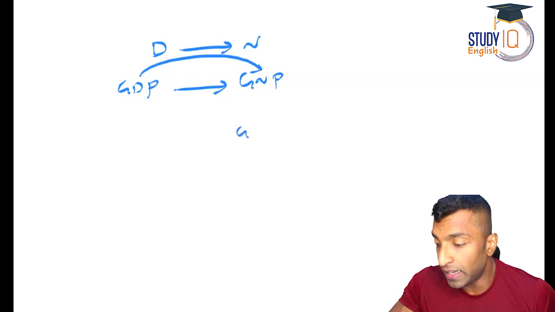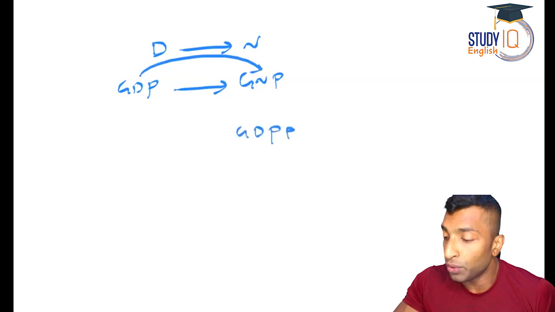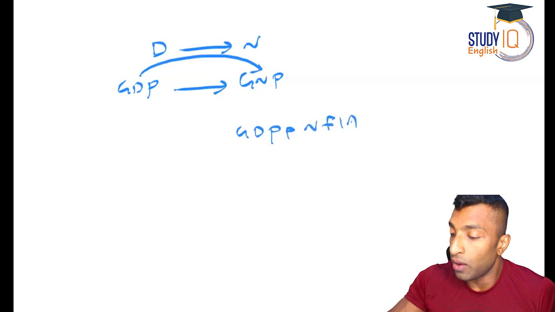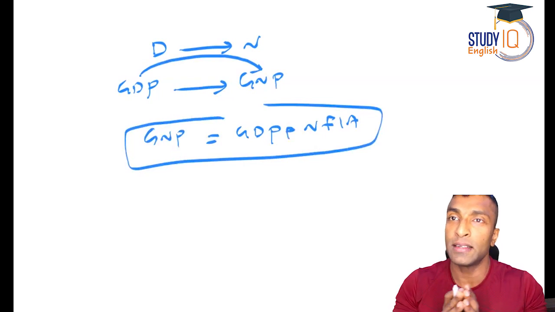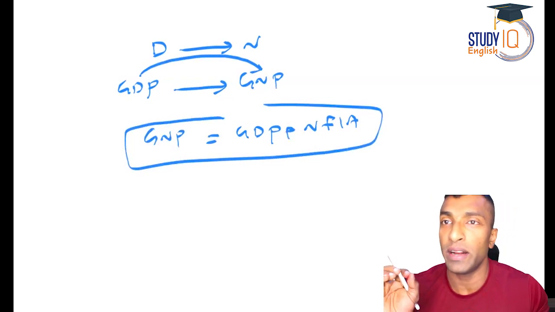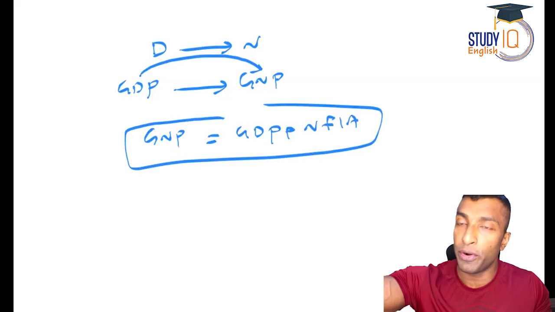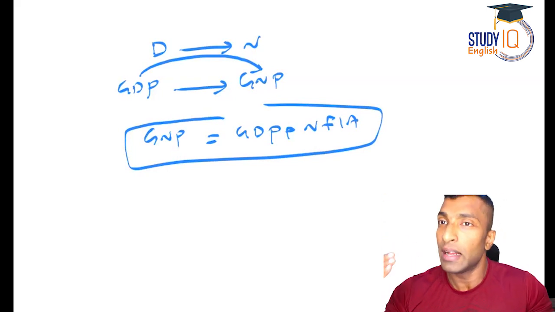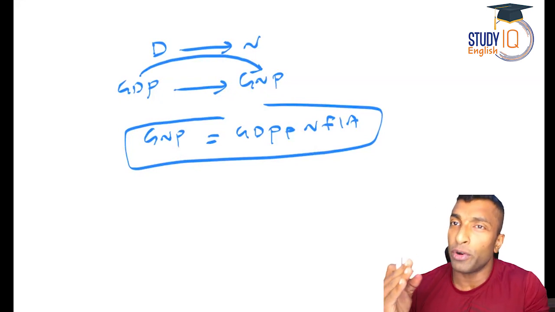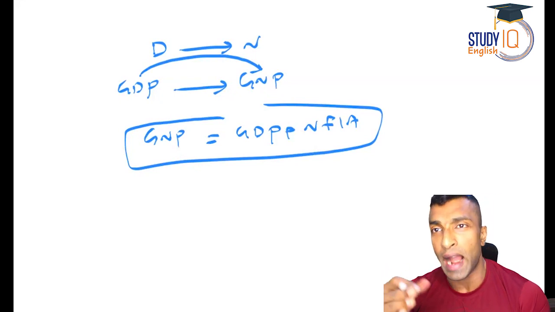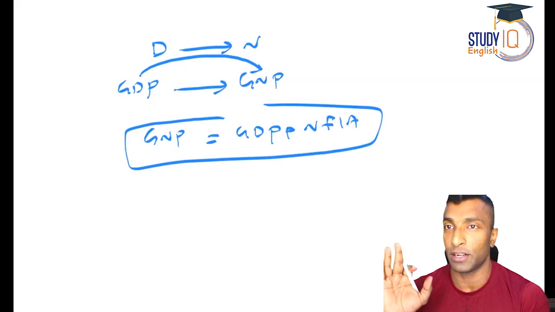If you have GDP with you, what you need to do is add NFIA, and you will be getting GNP. So to change the second letter, take the difference of income between Indians earned from abroad and foreigners earned from India. It is nothing but the net factor income from abroad, NFIA. So to GDP, a domestic concept, if you add NFIA, you'll be getting the national concept.